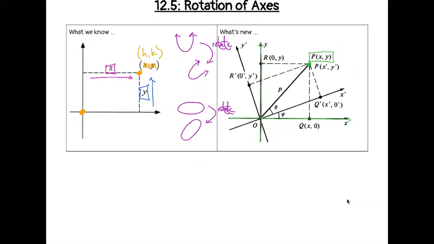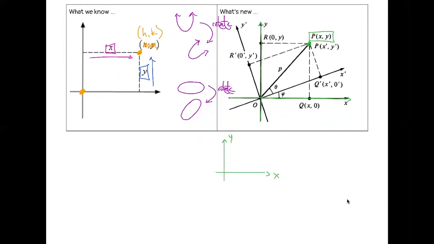So I'm gonna just draw the green part below. Okay, so this is our x-axis, this is our y-axis, and we have some point P, and we call that x comma y. All right, so if we said like 2 comma 3 or 7.5 comma 9, that would be the coordinate of point P. And we know we can find that by going horizontal, the x value, and then vertical, the y value.